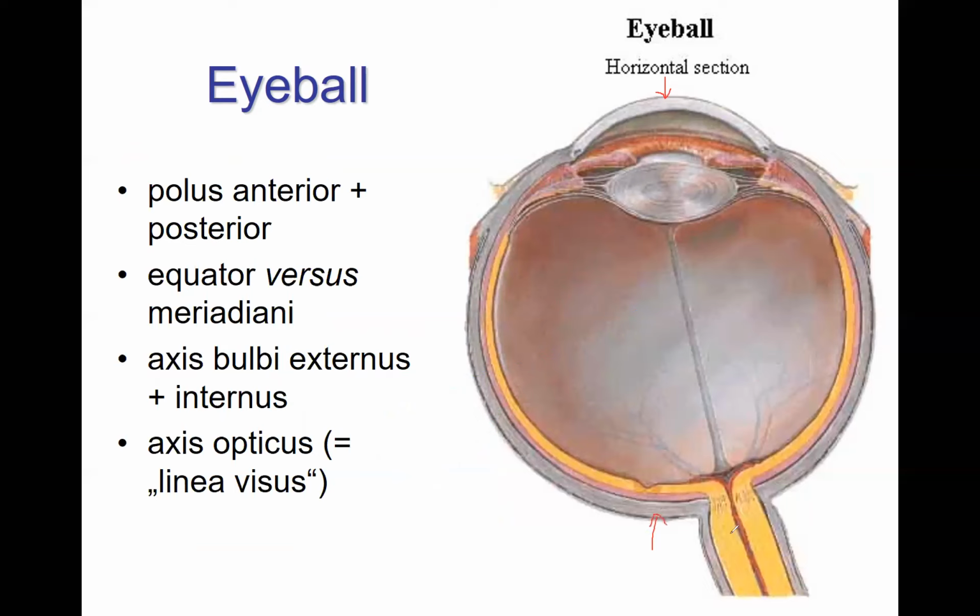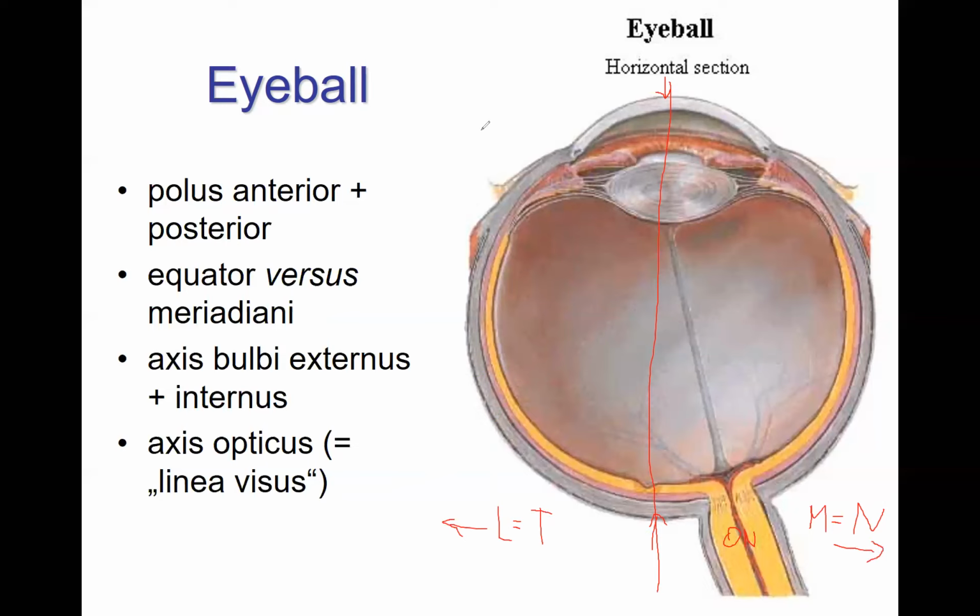As you can see, the optic nerve, which is here, is all the time located medially, or we can say nasally, yeah, to the axis. Here through the pole we have the axis, and this is laterally or temporally, yeah, lateral or temporal direction, and this is medial or nasal direction.